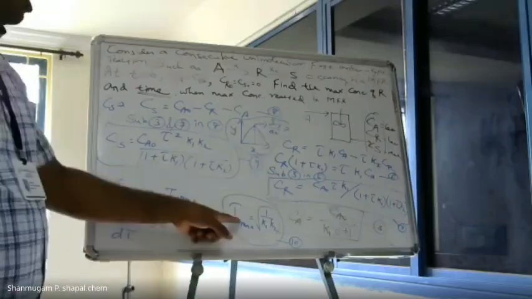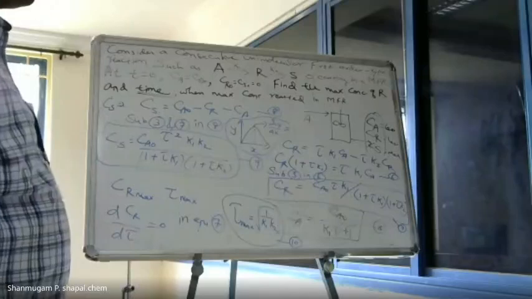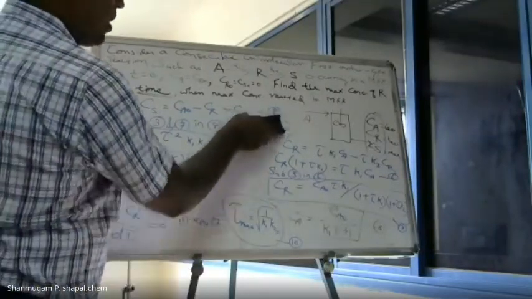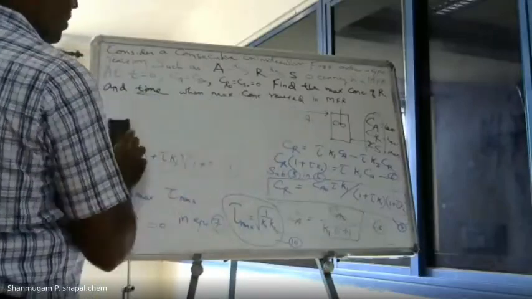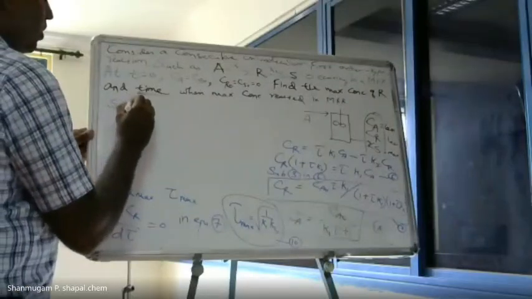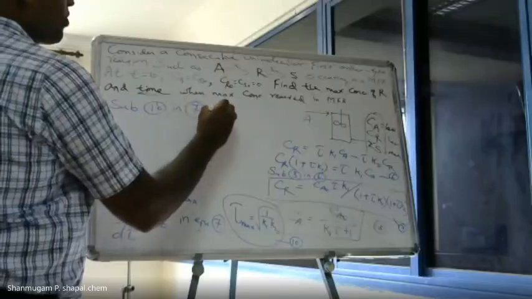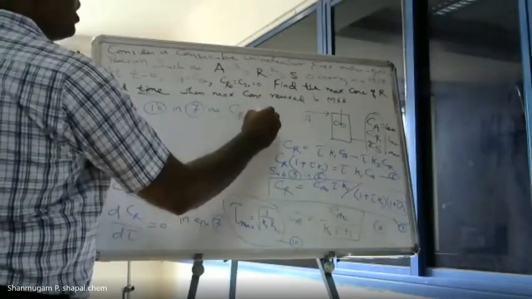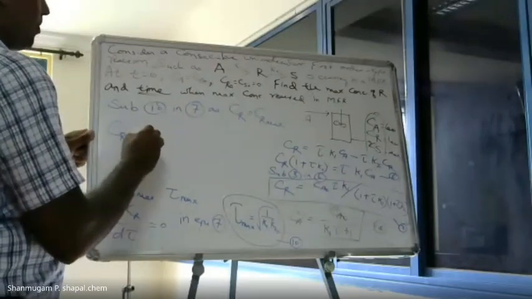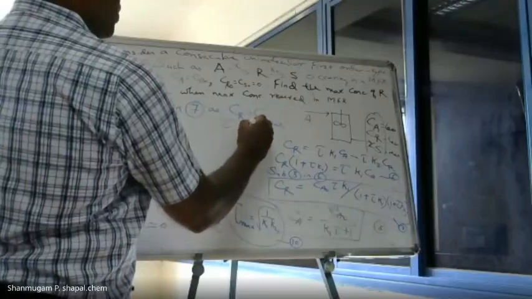Once you get the tau max, you substitute this tau max in equation 7, then you get the CR max. Now I just go with the next point. So substitute 10 in 7 as CR equal to CR max, and tau equal to tau max.